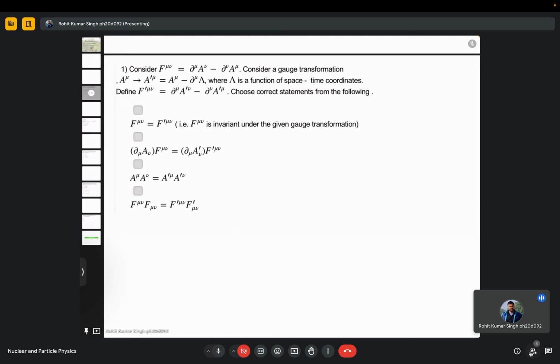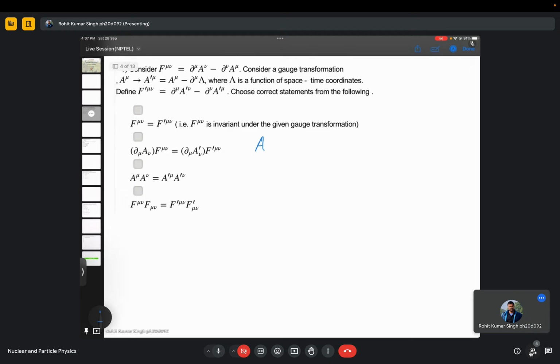Okay, so yeah, it's a simple problem of gauge transformation. We discussed it in the last lecture also. Here the gauge transformation is given. So you might have seen this type of transformation earlier.